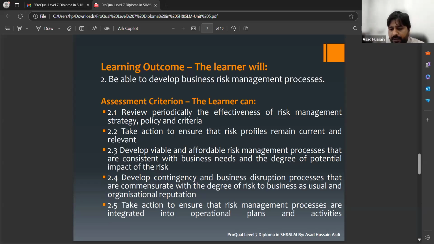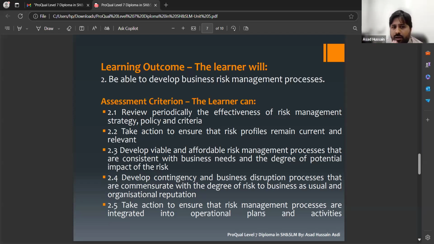So in this, they have to explain how they and their organization are developing viable and affordable risk management processes with regard to the business needs and the risk they are facing, and the potential impact of that risk. So they have to be aligned with that.